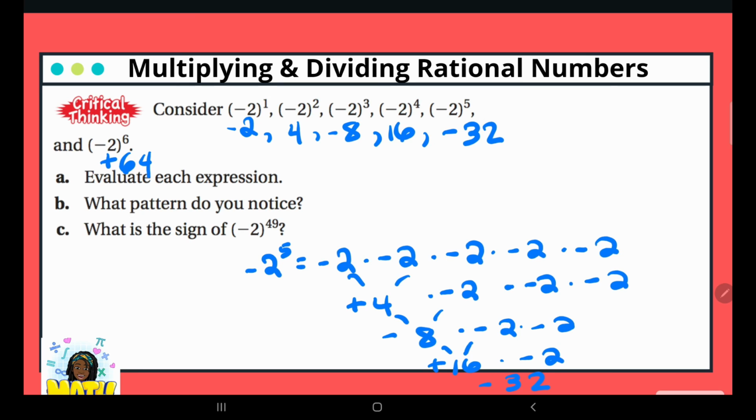If it's even, will my answer be positive? If it's odd, will my answer be negative? What do you guys think? If you said that the sign for your answer will be a negative, then you are absolutely correct, because the pattern shows us that anytime we have an odd exponent, our final answer is negative.